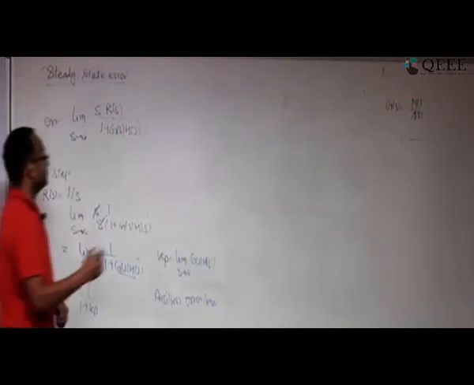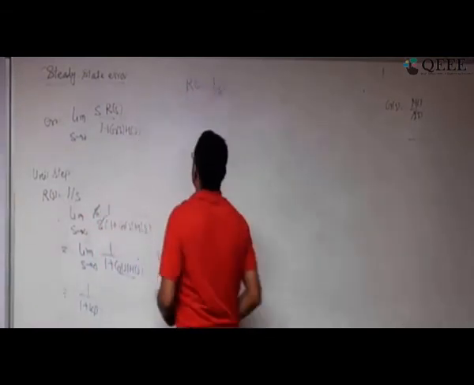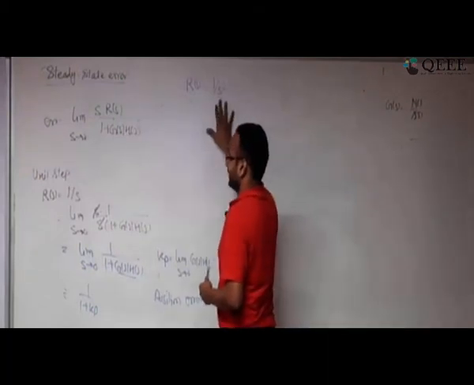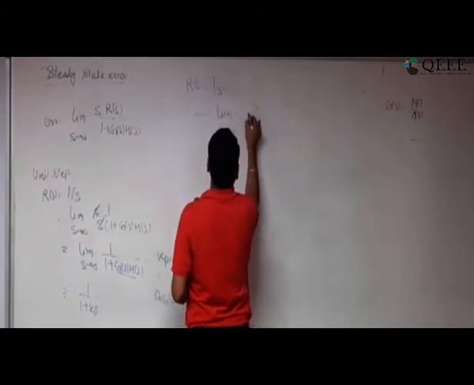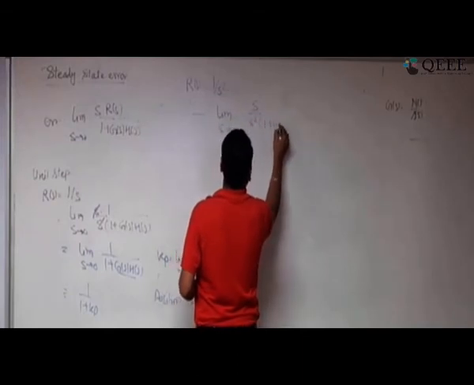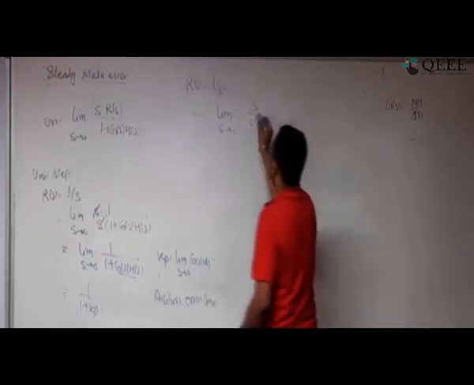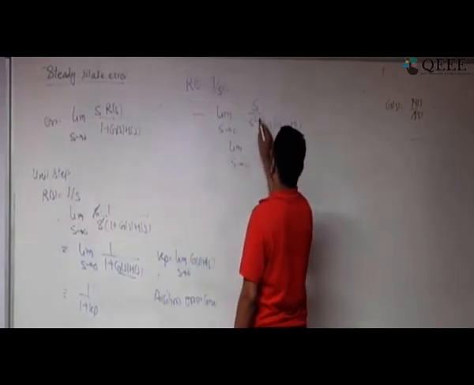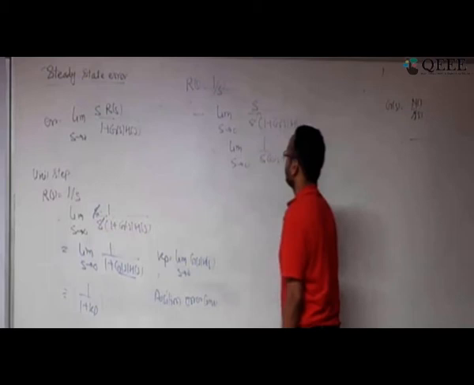Now, if you take the input as a unit ramp, the Laplace transform of a unit ramp is going to be 1 by s square. So what will happen in this case? Limit s tends to 0, s divided by s square times 1 plus G(s)H(s). Now the s will get cancelled out, so it is 1 by s G(s)H(s).